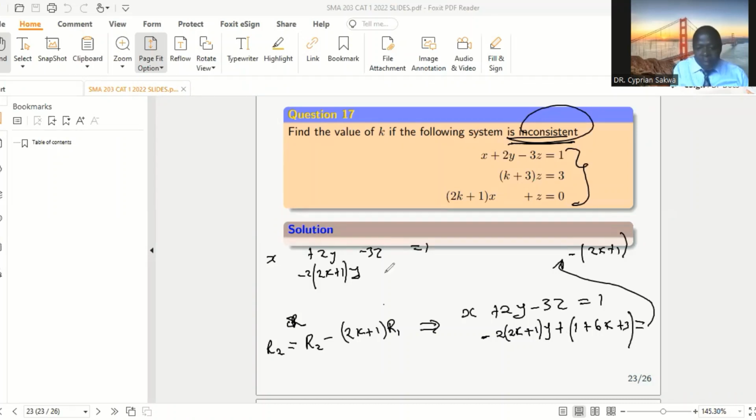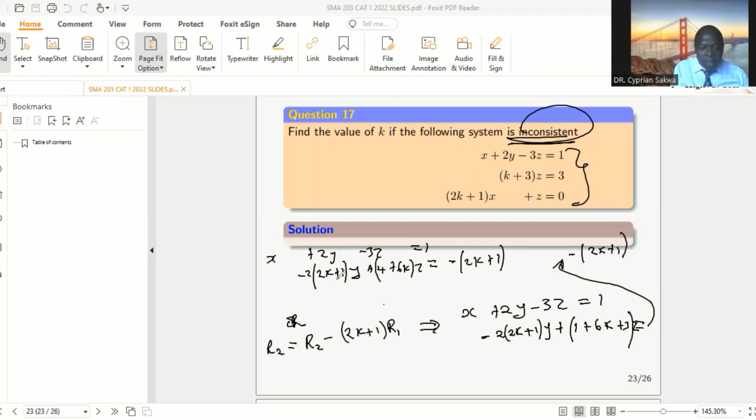And this is 4 plus 6k z, equals negative 2k plus 1.